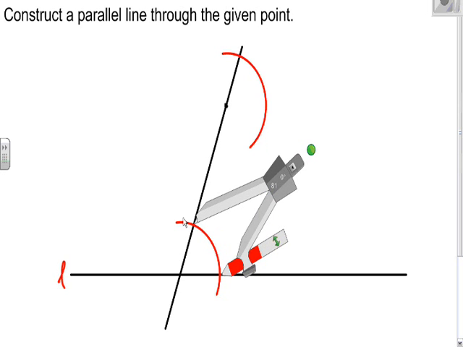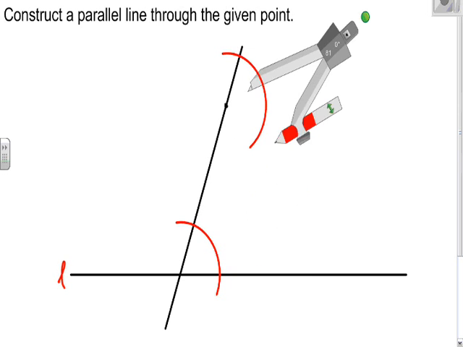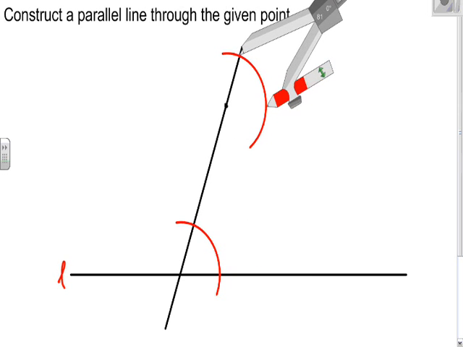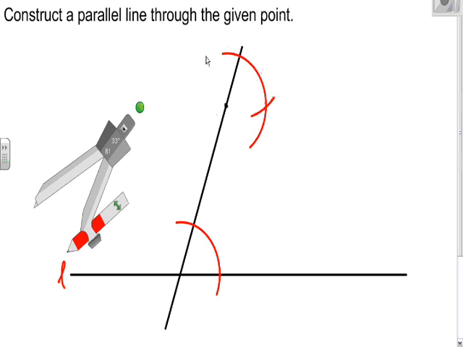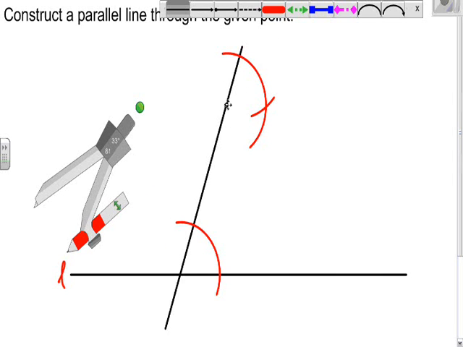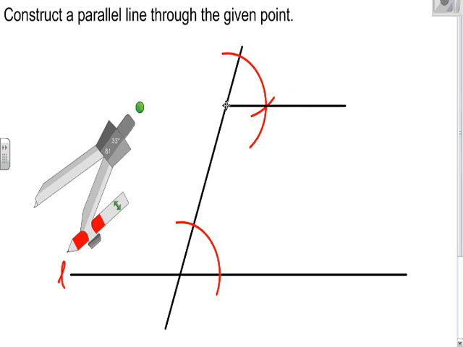Once you have that length measured out, mark the same length on the corresponding arc. The intersection, that X, will be the second point for our line to go through. And then you have parallel lines.